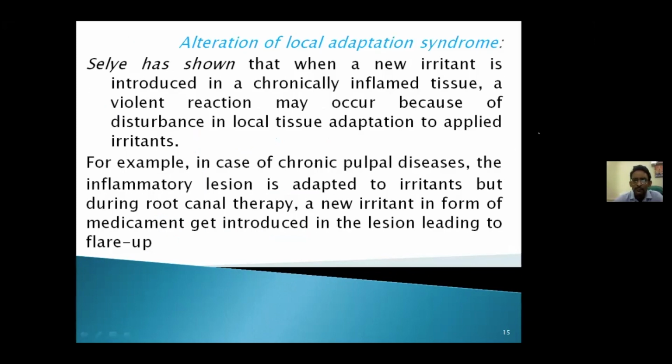Saleh has shown that when a new irritant in the form of an irrigant is introduced in a chronically inflamed tissue, a violent reaction may occur in the root canal system because of the disturbance in the local tissue adaptation. For example, in case of chronic pulpal disease, the inflammatory lesion is adapted to the irritant, but during root canal therapy, a new irritant in the form of medicament gets introduced, and the bacteria will take it as a weapon used against it.